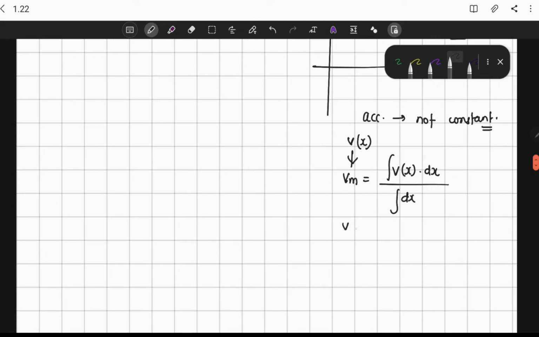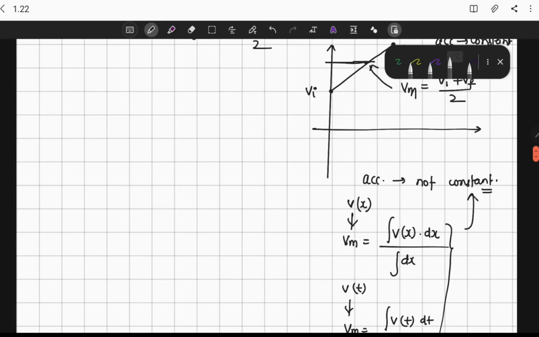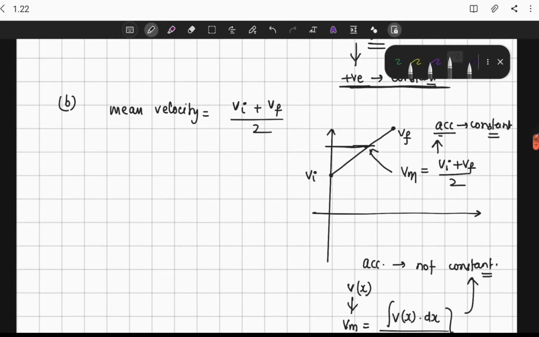Now if the velocity is a function of time, then the mean velocity we can write as the integral of v of t into dt divided by the integral of dt. So this is the case when the acceleration is not constant. If acceleration is constant, then we can directly take the average of the initial velocity and the final velocity.